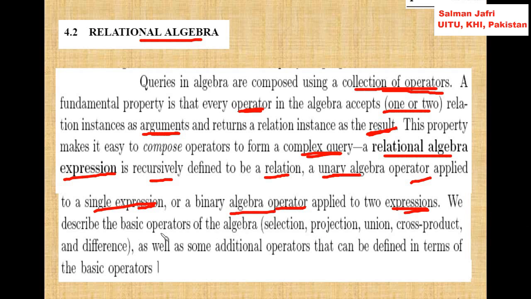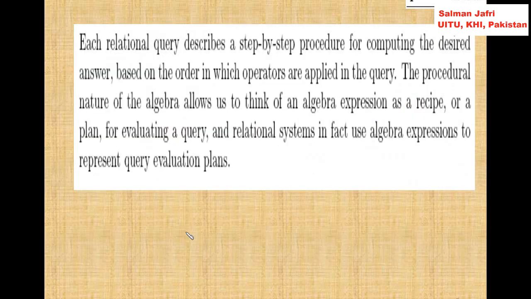We will describe the basic operators of algebra, that is selection, projection, union, cross product and difference. And additional operators can be defined in terms of these basic operators. Each relational query describes a step-by-step procedure for computing the desired answer, based on the order in which the operators are applied.